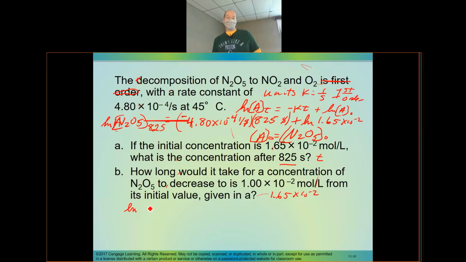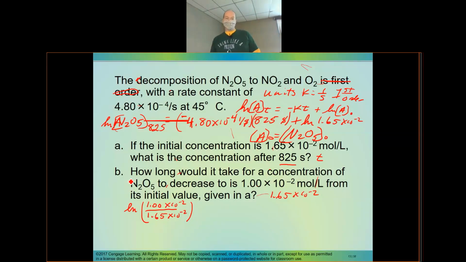Your ln of A at time t, 1.00 times 10 to the minus 2, divided by the initial 1.65 times 10 to the minus 2. When you're using this equation, make sure you have your parentheses. You are dividing those numbers, ln of the division of those two numbers.